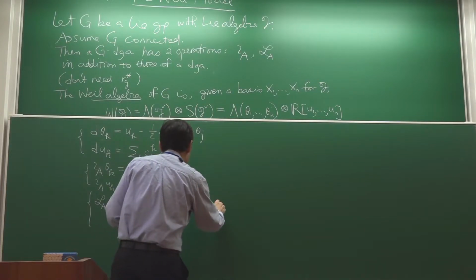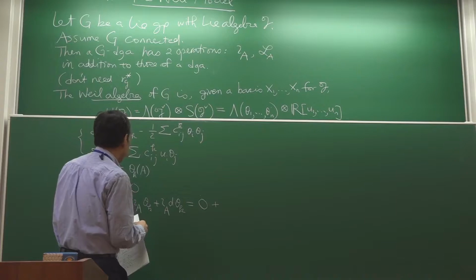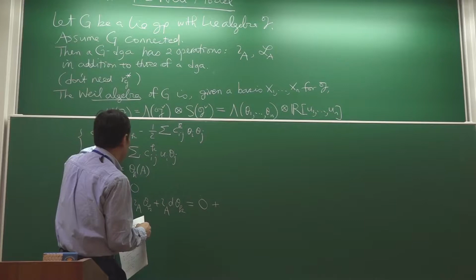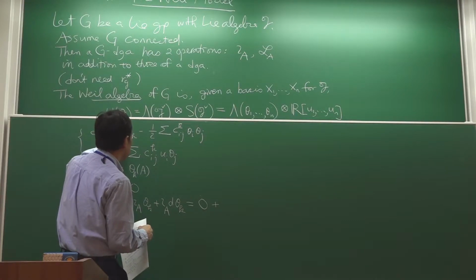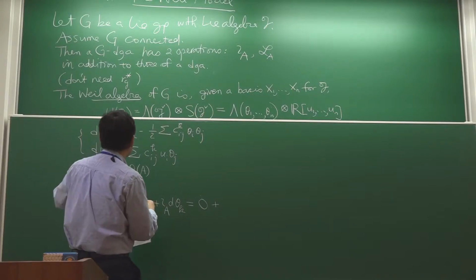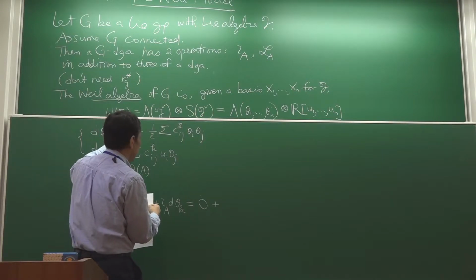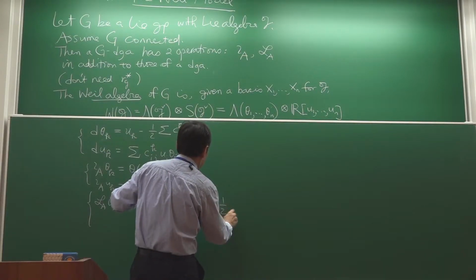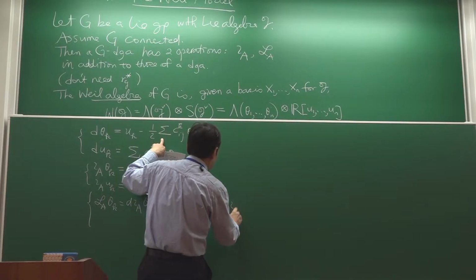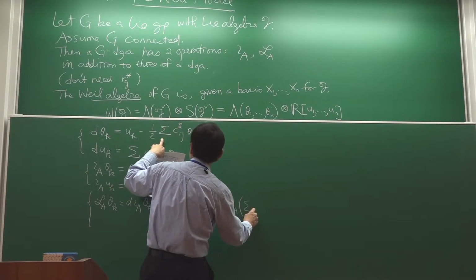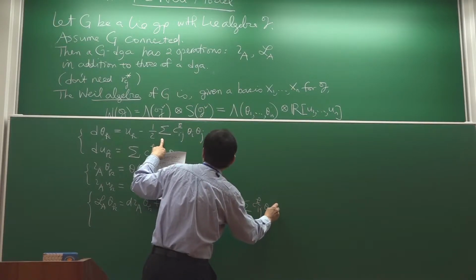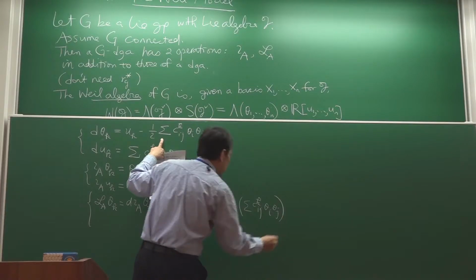Well, then there's plus i_A applied to this. Yeah, so i_A of this is 0, so then minus 1/2 i_A gives the sum c_ijk theta_i theta_j, right?